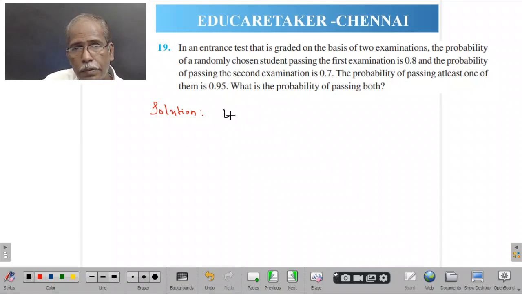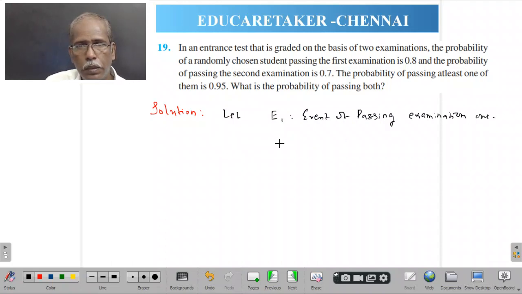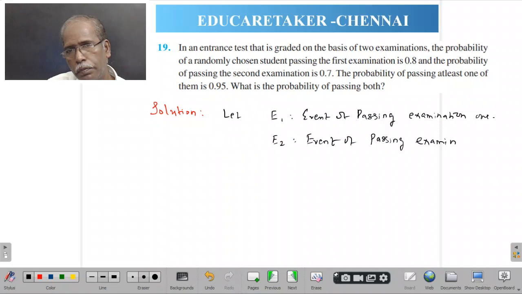So let us take E1, the event of passing examination 1, and E2, the event of passing examination 2, that is the second examination.